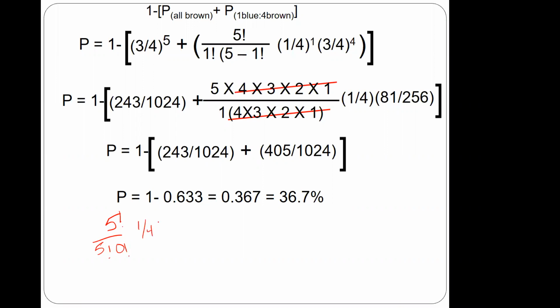The probability of the thing I'm interested in is 1/4, and the probability of not being what I'm interested in is 3/4, and how many are going to be like that? None. So it becomes 1/4 to the 5th. So when it's all the way you want, it's going to be your probability of that outcome to the number of children or number of events.